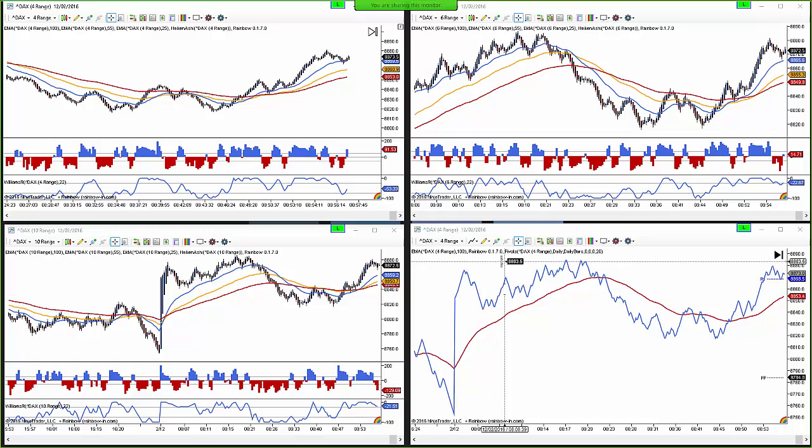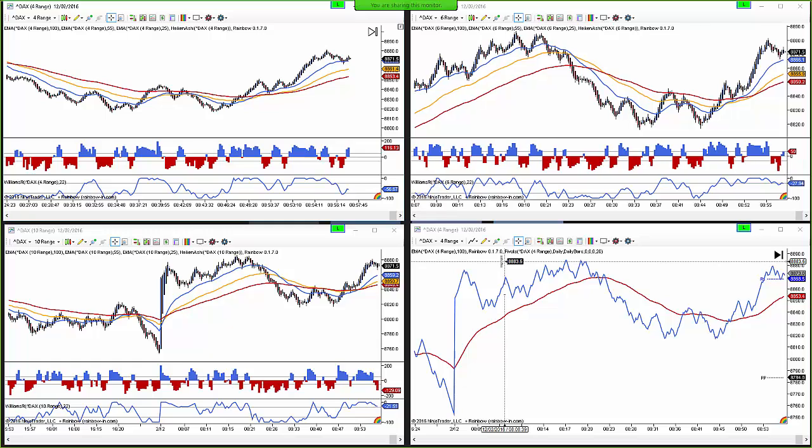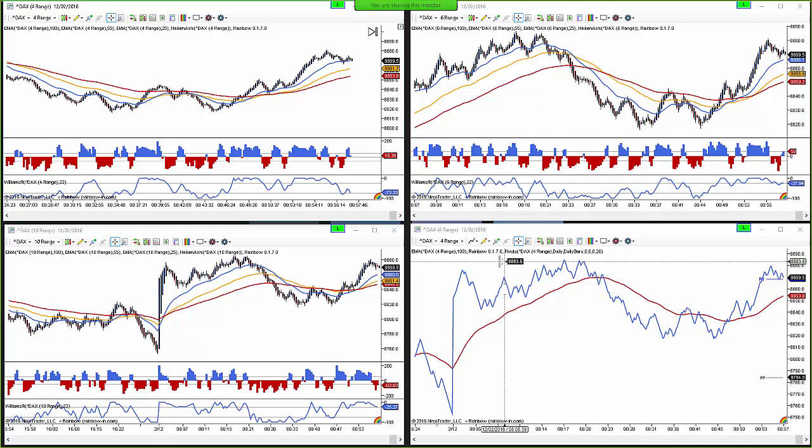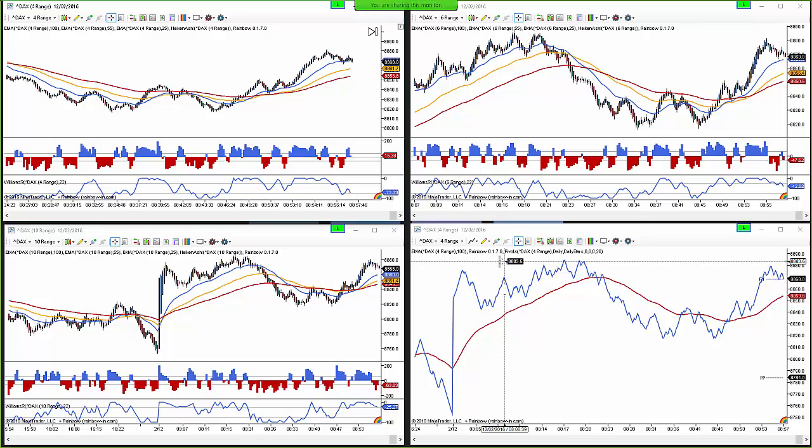They will be protecting this area here. No setup for me yet.